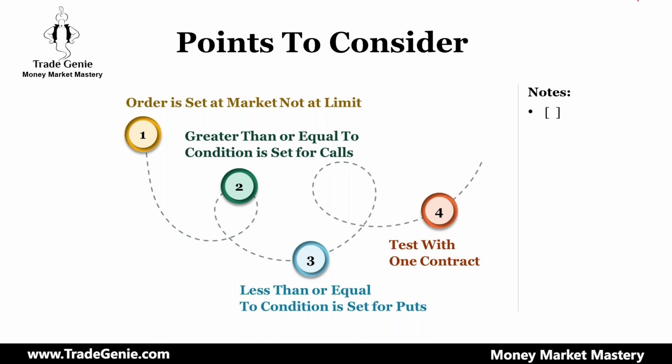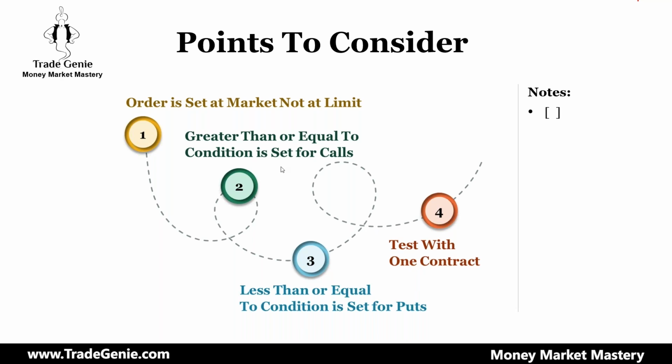And the most important thing is when you're testing it. I remember testing it with one contract, and maybe you need to test it. So if you have 10 contracts, you test it with one contract, and maybe you test it in a simulation account because you may make a boo-boo of your trade.